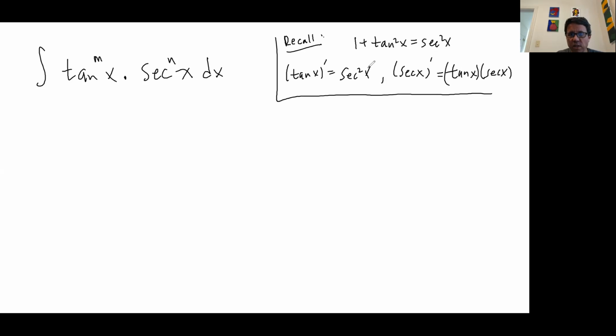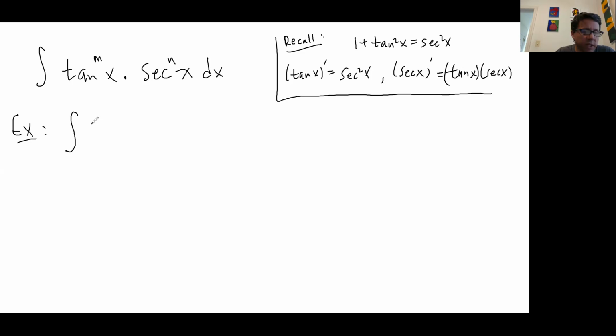So all of these things, combined with u substitutions, combined with m and n being even and odd, there are actually like 4 different cases we're going to have to deal with, and it's just going to take a lot of practice. So this part does not come as easy. I hope through some examples we can see what's going on, but really it's going to take quite a lot of practice.